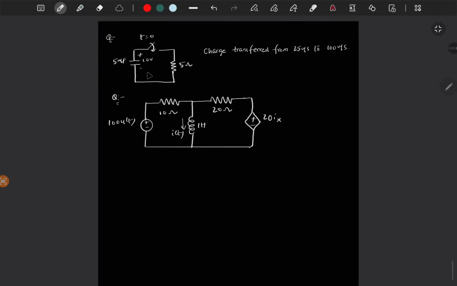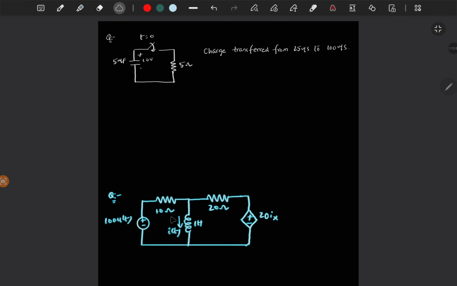And charge transferred from 25 microseconds to 100 microseconds. So we know that the charge Q is equal to CV, right? C is constant, which is 5 microfarad.